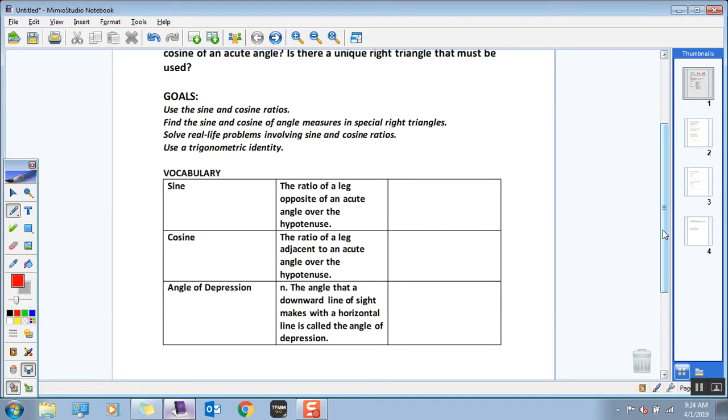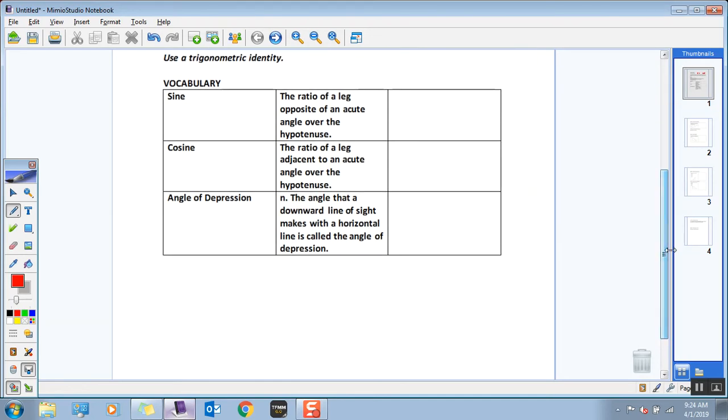My point being, take trig next year, and we're starting the basic foundation of it. Let's get rolling on the vocabulary. Sine function. Somebody want to read that for me? Ratio of the length of the leg opposite an acute angle over the hypotenuse. Basically, this is going to be the opposite leg, which I'll abbreviate OPP, over the hypotenuse.